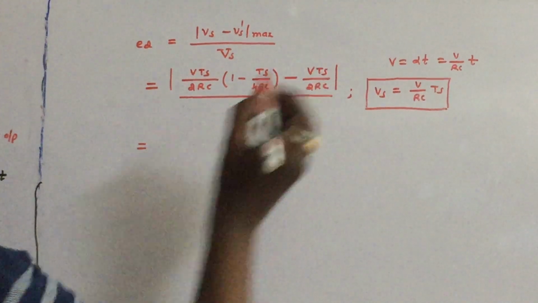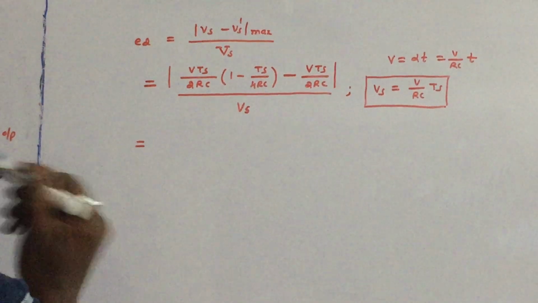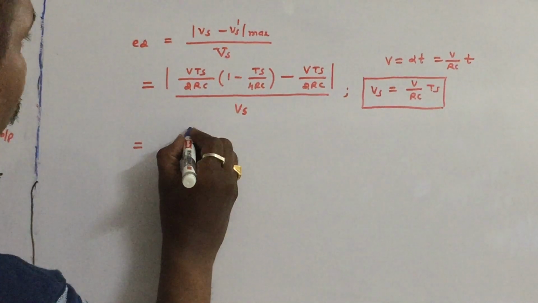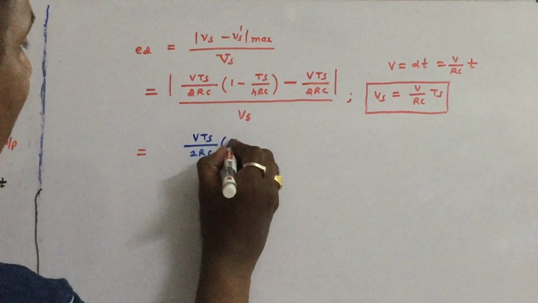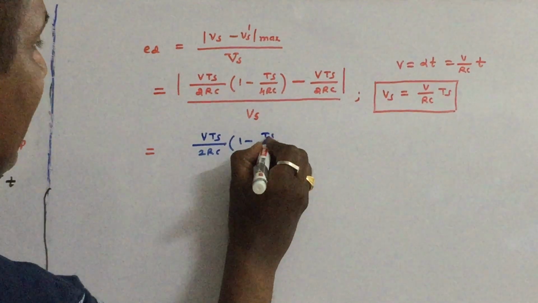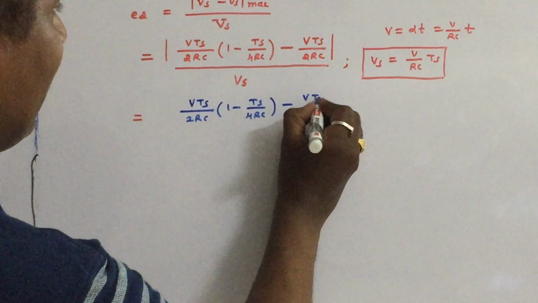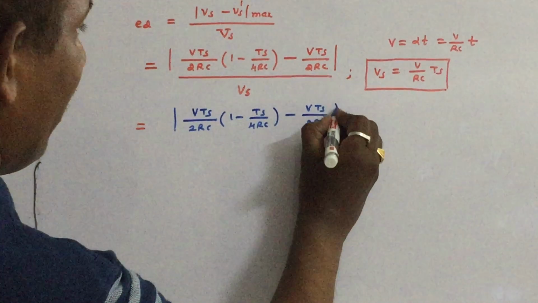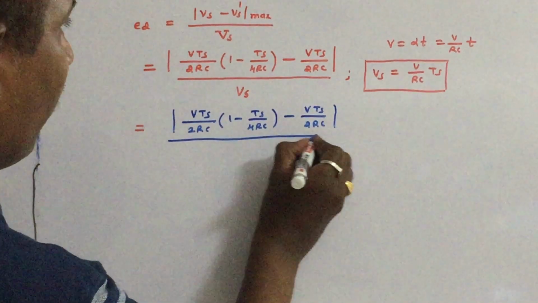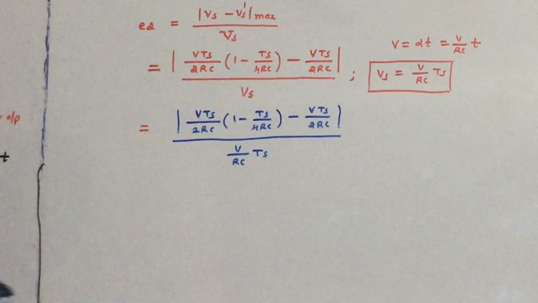It will come out as V Ts by 2RC into 1 minus Ts by 4RC, minus V Ts by 2RC, magnitude, divided by the sweep amplitude at the end of the sweep, V by RC into Ts.